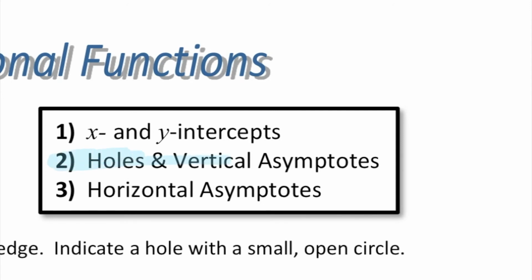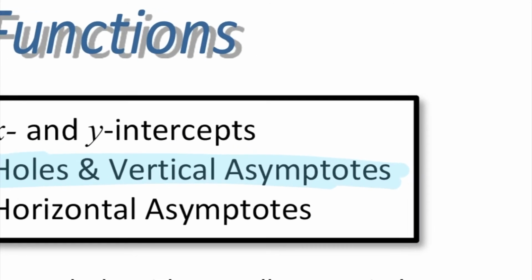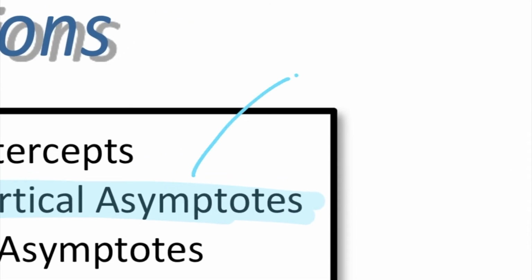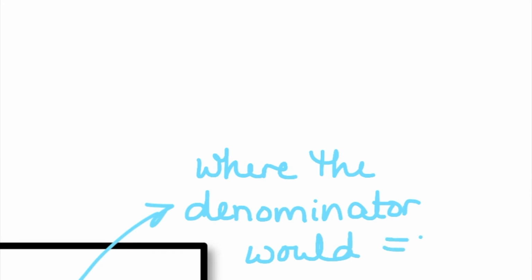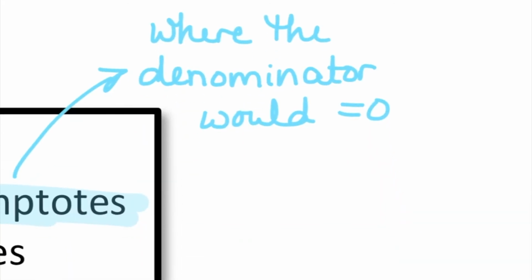Let's make a note about that. So that's where the denominator would equal 0, because then there would be no x value there on the graph.